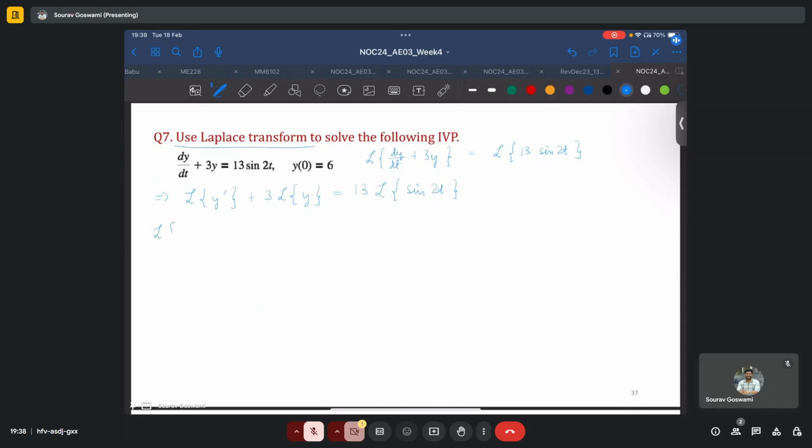So the Laplace transform of the nth derivative of f of t is equal to s power n capital F of s minus s power n minus 1 f of 0 minus s power n minus 2 f prime of 0 minus ... minus the (n minus 1)th derivative of f at 0. For this given case, this will imply s power 1.